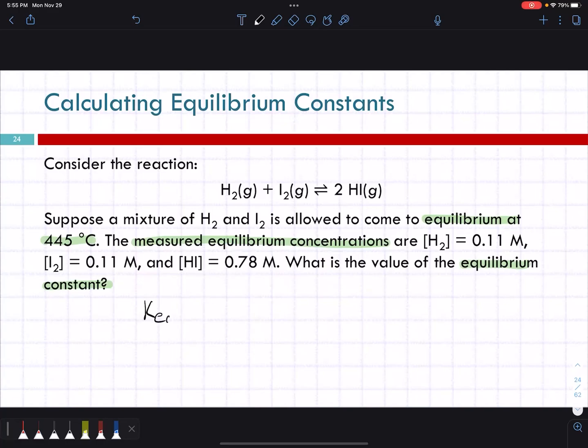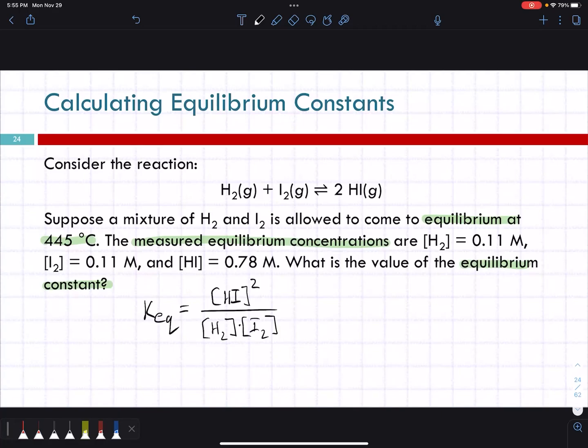So we're going to get K EQ, which is again our products over reactants. So hydrogen iodide squared, and our concentration of H2 times our concentration of I2.